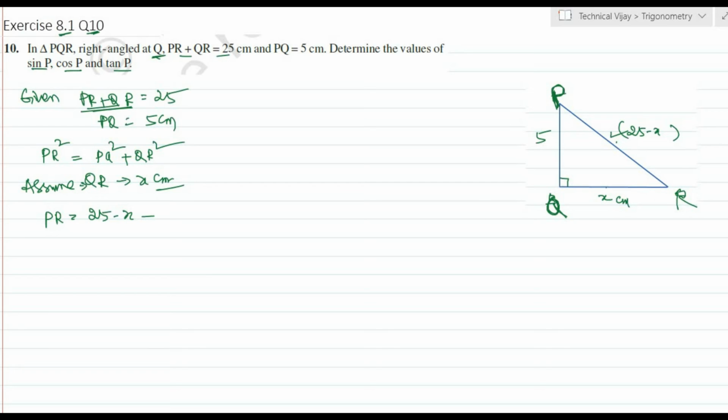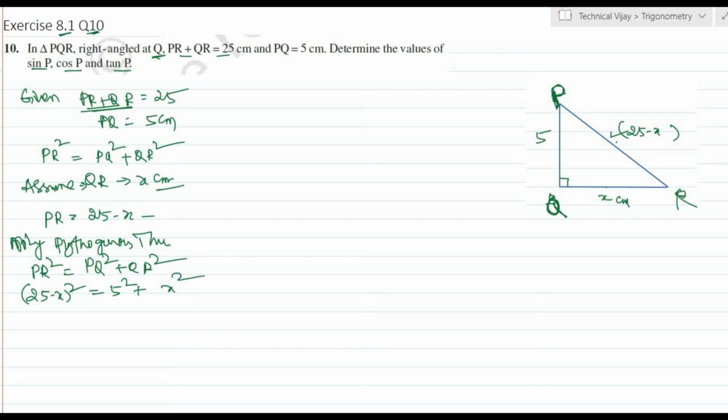So now we will apply Pythagoras theorem. So here PR square is equal to PQ square plus QR square. So PR square means 25 minus x whole square. So here PQ square, that is 5 square, plus QR square means x square.